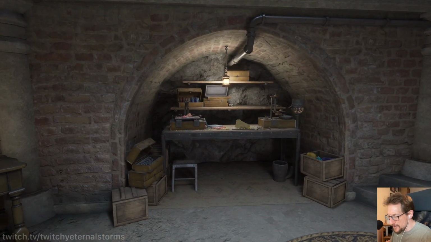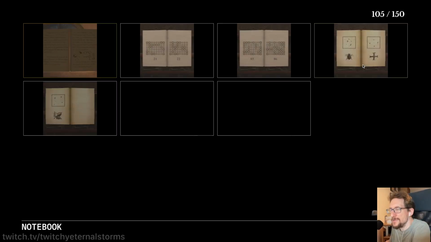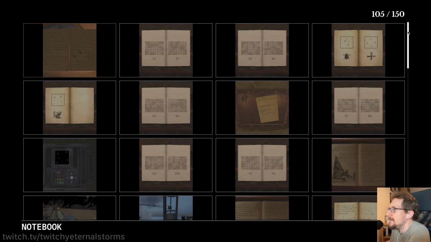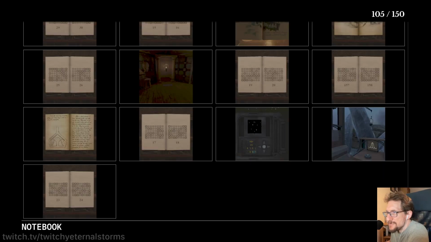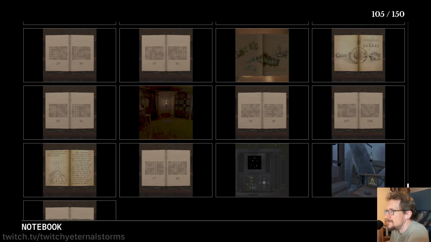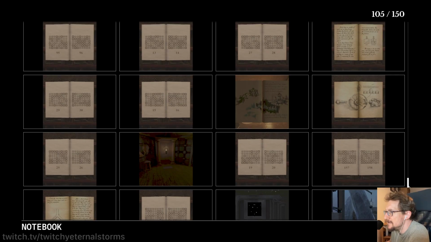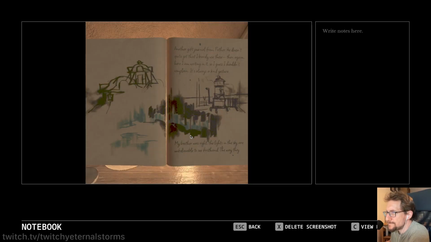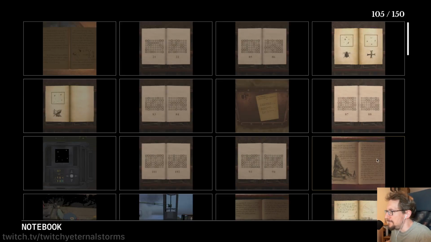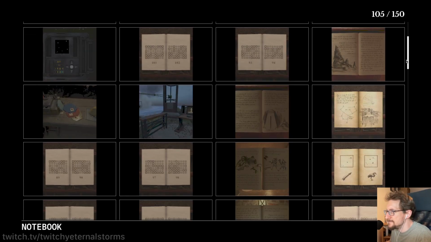Did we get any more hints? I'm gonna check our picture book here. Because I did take a couple of pictures from the books we read earlier. Let's see. I think this was a scribble. Okay. Nothing of interest here.